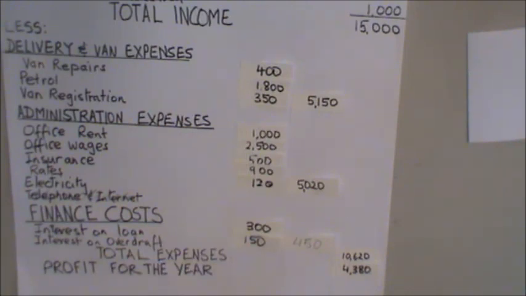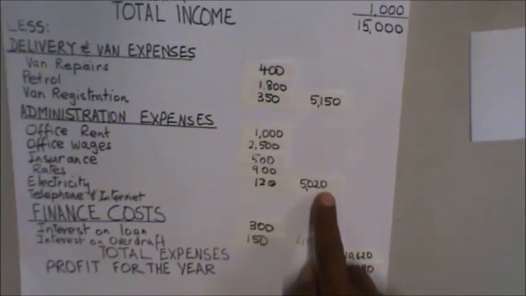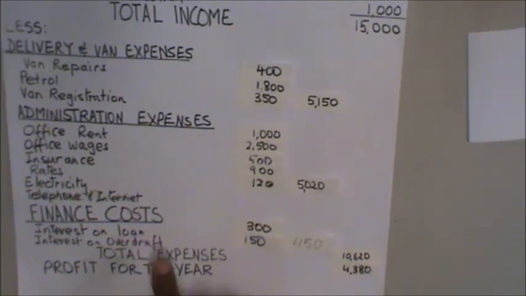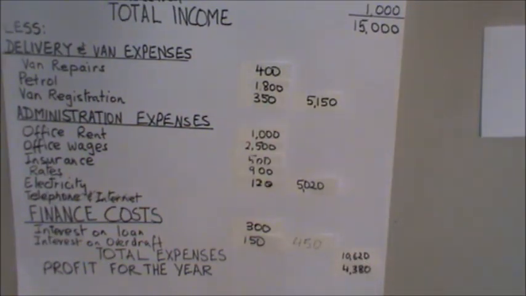The breakup over here. The business incurred $5,020 on administration expenses. Breakup is here. The business incurred $450 for finance costs. Breakup over here. Total expenses here. Total income there. Take it away from there, and you have your profit for the year. It's as simple as that. Thank you.